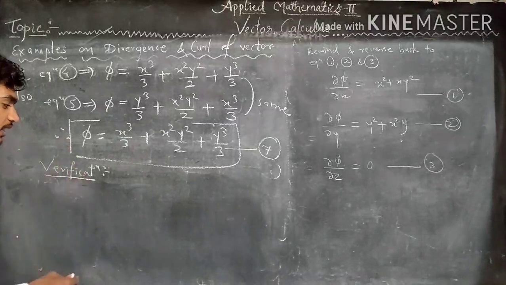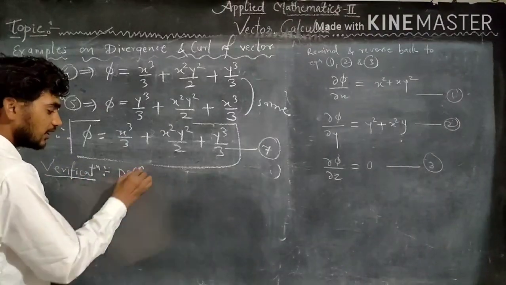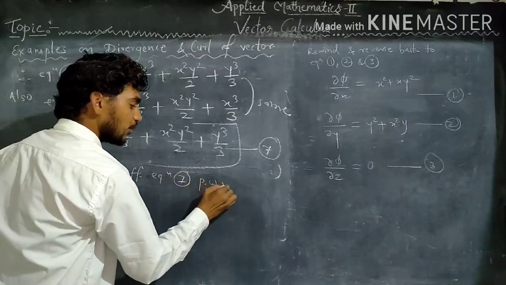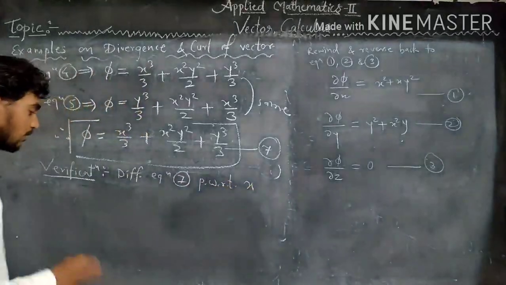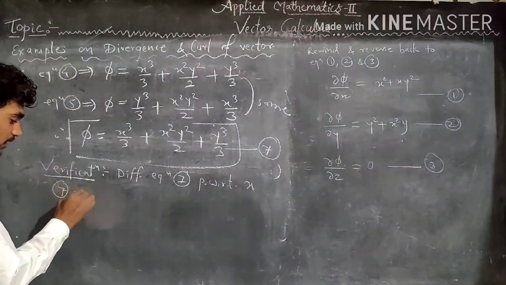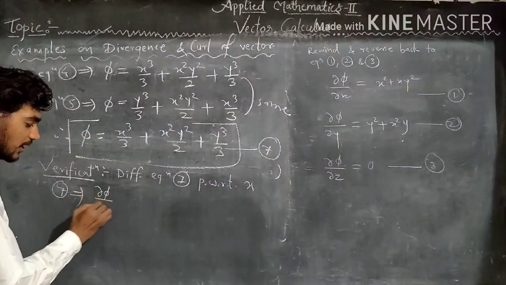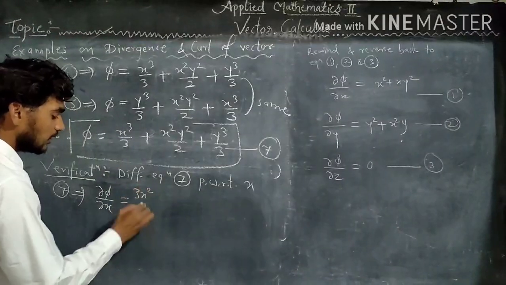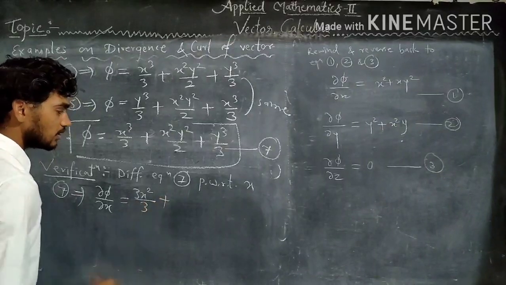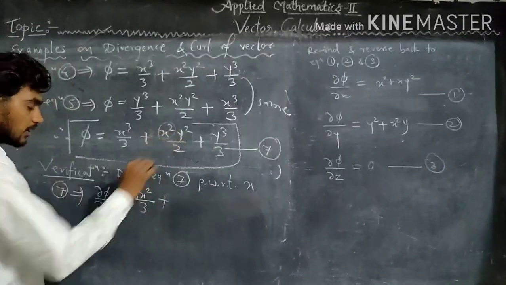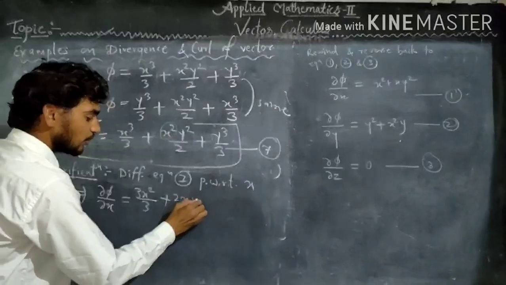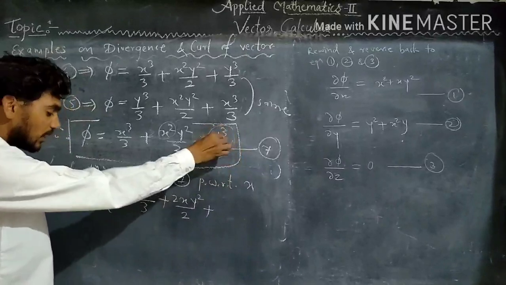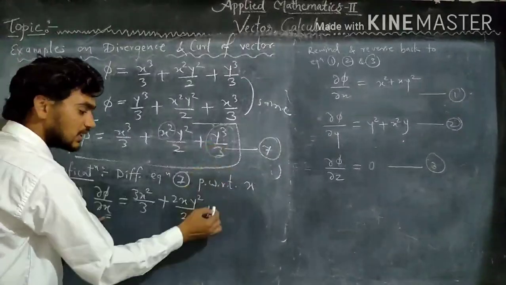For verification, differentiate equation 7 partially with respect to x. We will get del phi by del x equal to 3x square divided by 3 plus the derivative of x square, which is 2x y square, divided by 2, plus the derivative of y cube by 3 with respect to x, which is 0.